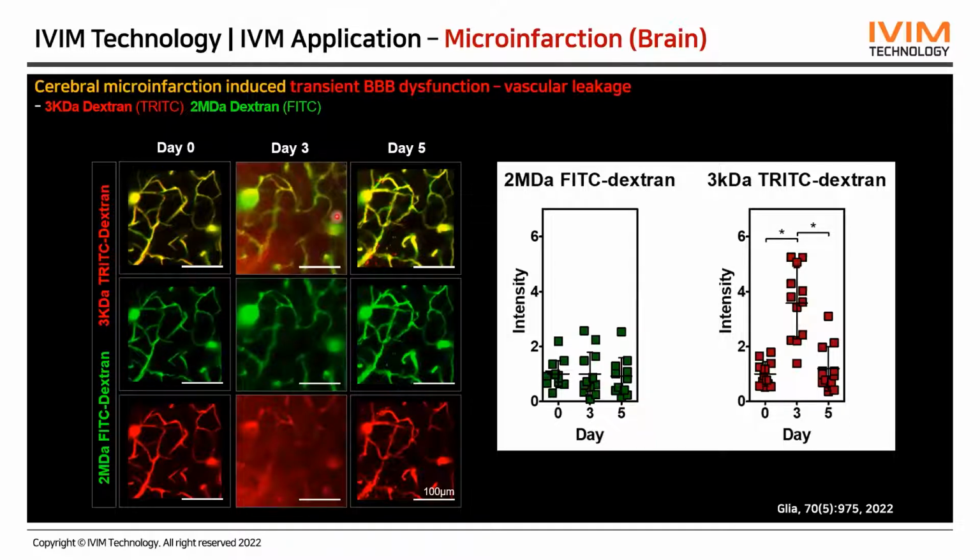At day 3, only leakage of the small-size TRITC dye was observed, suggesting compromised BBB integrity in the peri-infarct region, which is causing acute edema. Interestingly, the vascular leakage of the TRITC dextran was not observed at day 5, suggesting an acute impairment and partial recovery of the vascular flow and leakage after the microinfarction.